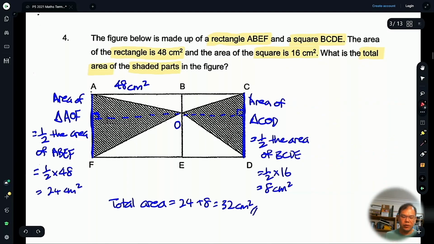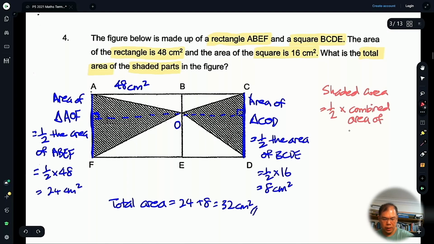Okay, some of you will realize, hey, actually what I can do, the shaded area is half of the combined area of ABEF, which is the rectangle, and the square BCDE.